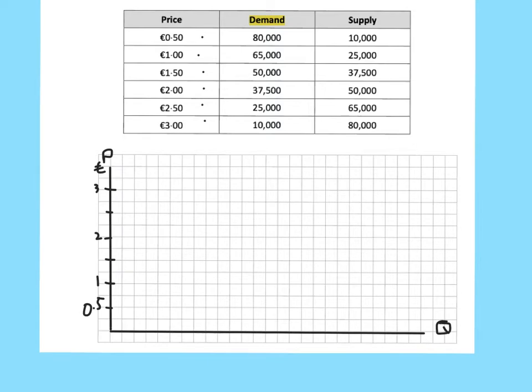Okay, and on the bottom, my graph starts at 10,000 and goes up as far as 80,000. Now I have some figures here, like 37,500. So the best thing for me to do is to make sure that I have some boxes in the middle that will equate to some of these.